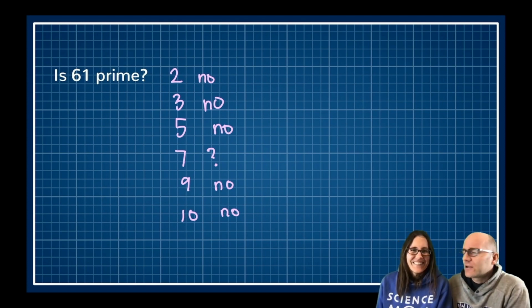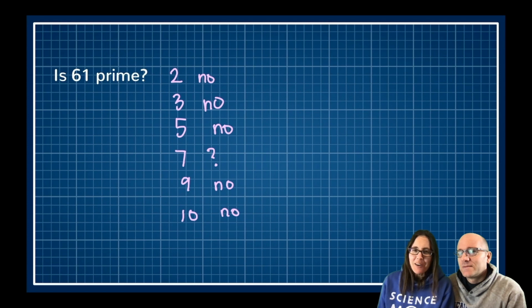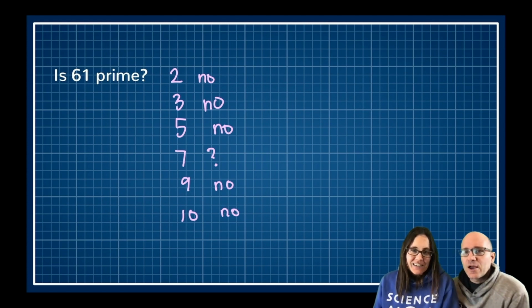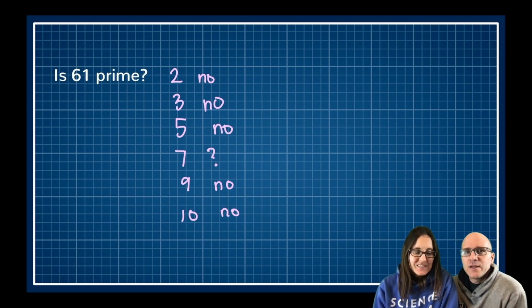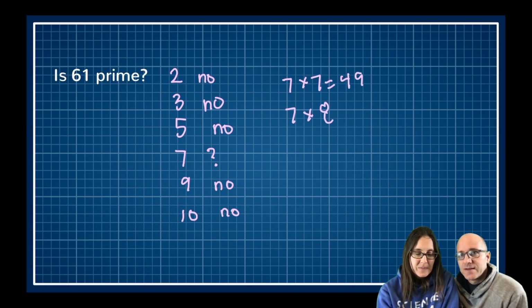All right, but you left a question mark next to that 7. I did. Because you didn't tell me how to check if things were multiples of 7. No, you're going to have to do this one the hard way. So if we were to count by 7s, what numbers would be hit near 61? Okay, so 7 times 7 is 49. That's right. 7 times 8 is 56.